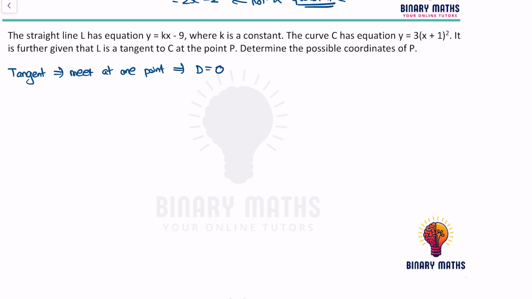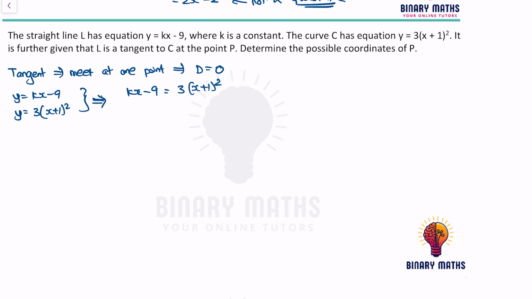Okay, I've got the two equations, y is equal to kx minus 9 and y is equal to 3 times (x plus 1) squared. Because they both have y as the subject of the formula, I can combine them by equating them. So I end up getting kx minus 9 must be equal to 3 times (x plus 1) squared.